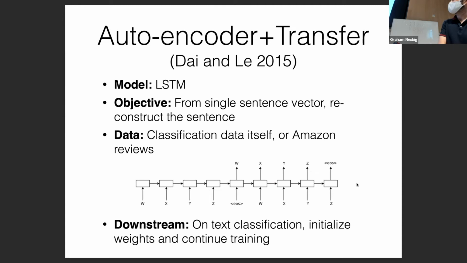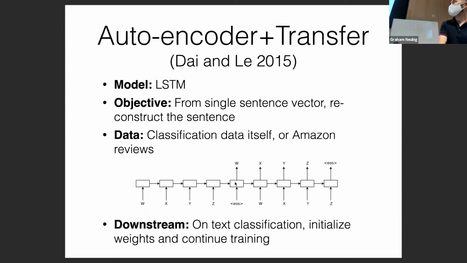This is from the same paper as the LM one that I talked about before. Basically, they did text classification and they initialized the weights and continued training. Interestingly, this autoencoder objective did not prove quite as good as the LM objective in general for doing text classification.